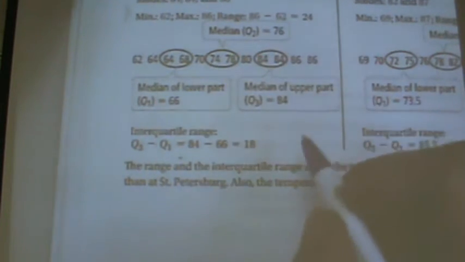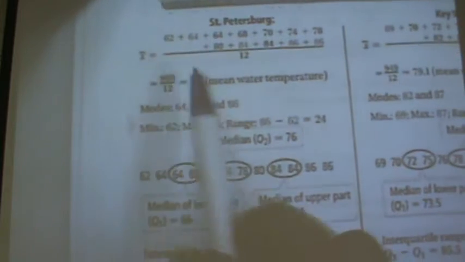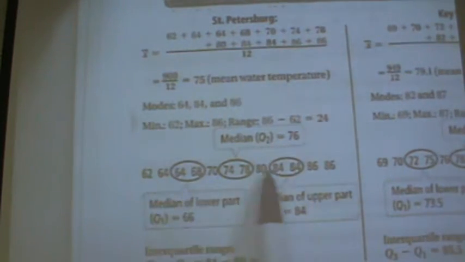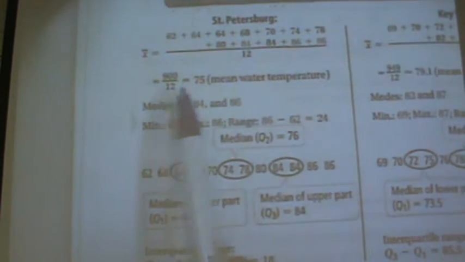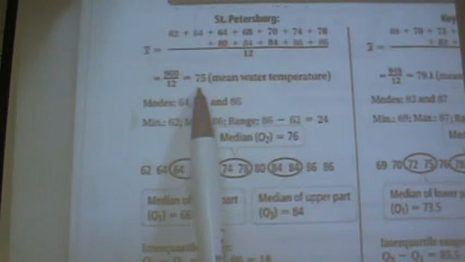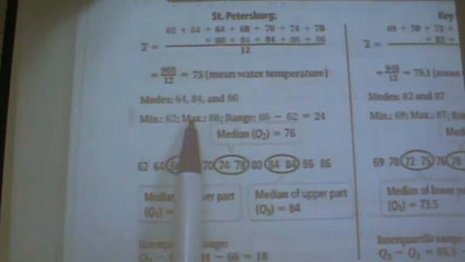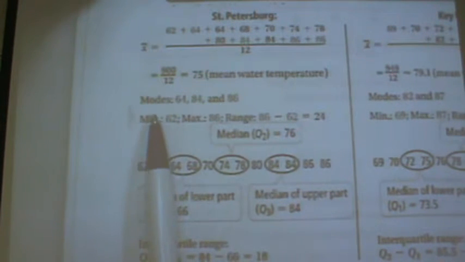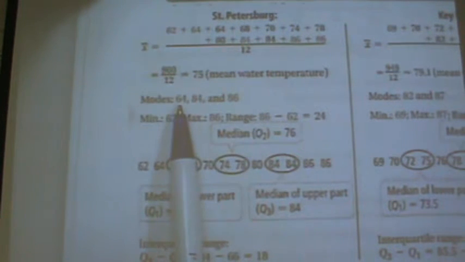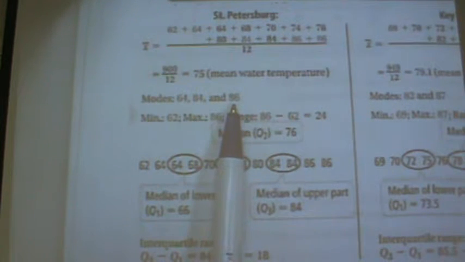Now, if we were asked to find the average, which is x bar, you'd add them up and divide by 12. So we don't need to spend time doing that. The average temperature is 75. We don't have any outliers. They were all pretty close to each other, so we have no outliers at all. The modes, what occurred most often, are 64, 84, and 86.